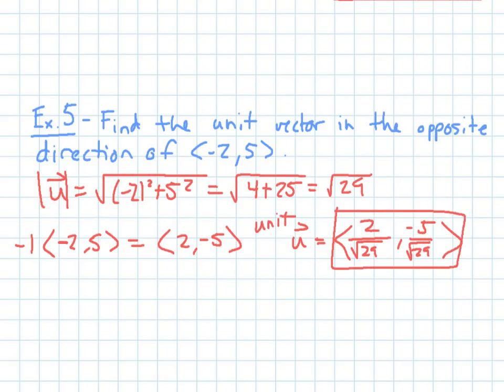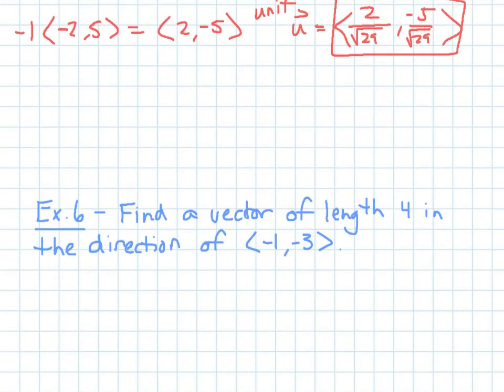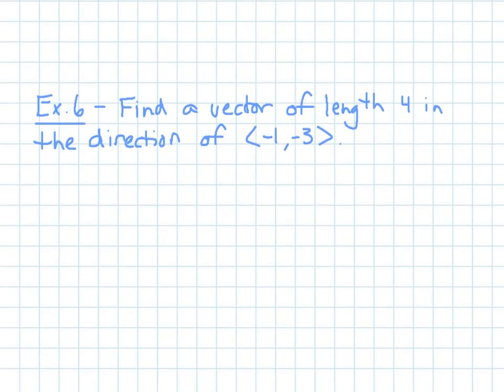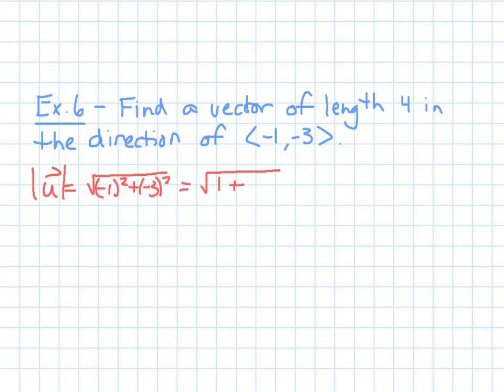Example 6. Here I want to find a vector of length 4 in the direction of -1, -3. Same thing, start the same way. I want to take the magnitude of my vector, so -1 squared plus -3 squared is going to equal 1 plus 9, which equals the square root of 10.